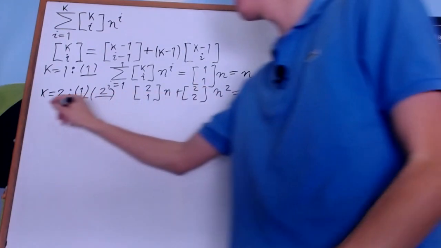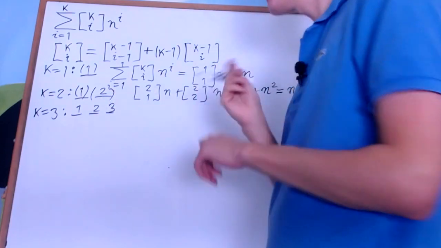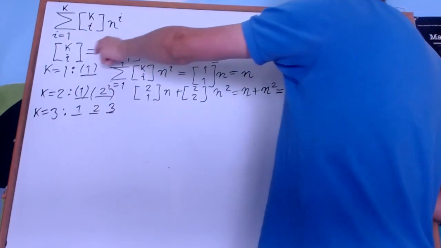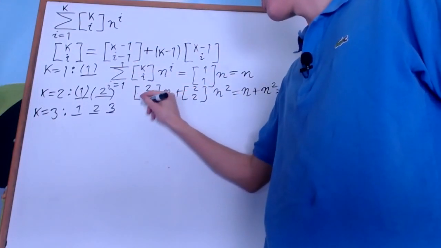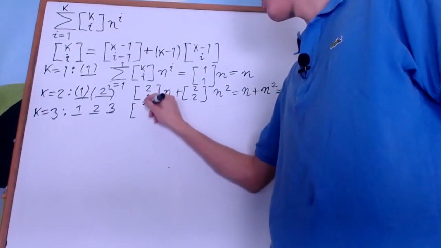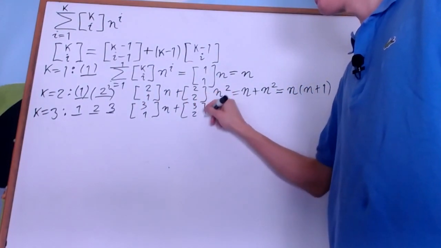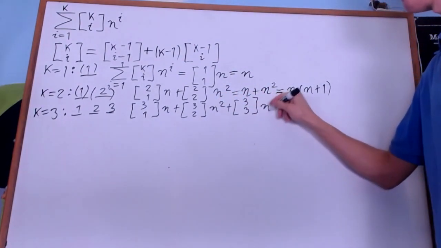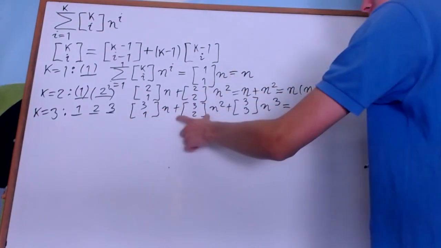Alright, let's keep going. What about k equals 3? We have 3 different symbols. Let's go ahead and use our fact right here, which is the Stirling symbol k, i is equal to k minus 1, i minus 1, etc. So our polynomial is equal to Stirling 3,1 n plus Stirling 3,2 n squared plus Stirling 3,3 n cubed. We can use our fact to evaluate each of these Stirling symbols.